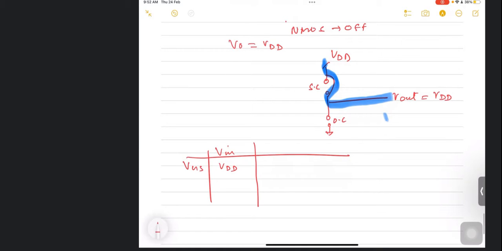So if you see, if V input is high, take VGS or V input, whatever, if it is high, the output is connected with the ground. If VGS is low, 0, then the output is connected with VDD. So this is high, that is low. If this is low, then the output is high.